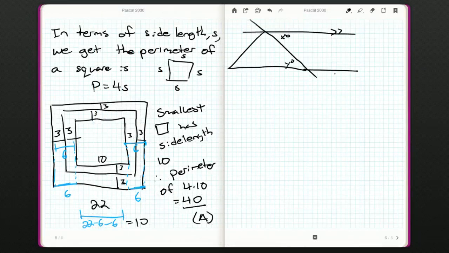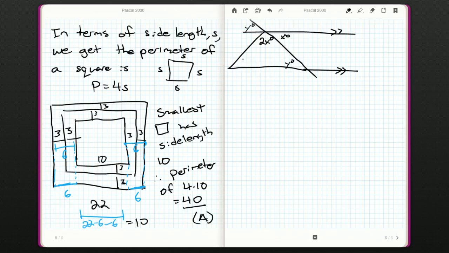These lines here are parallel, and if they're cut by the same line, I think it's called a transversal because it goes across them, then it turns out that this angle in here is this angle in here. It's also this angle up here and this angle down here. It's basically the line cuts them both at the same angle. So it turns out this will be y degrees, and then y degrees and x degrees. If they're opposite, at the intersection of two lines, opposite angles are equal.